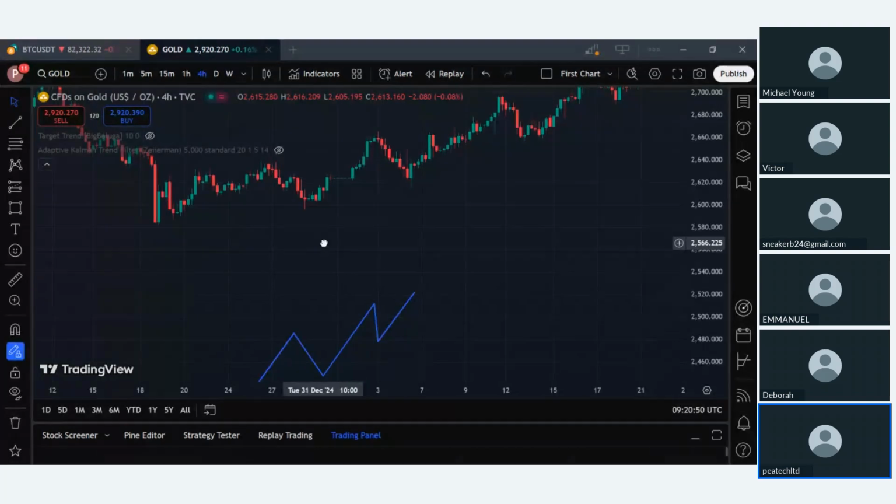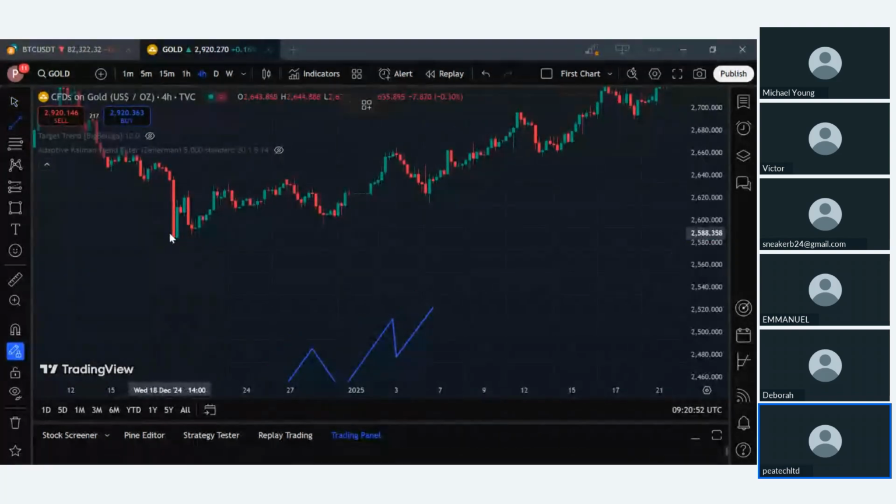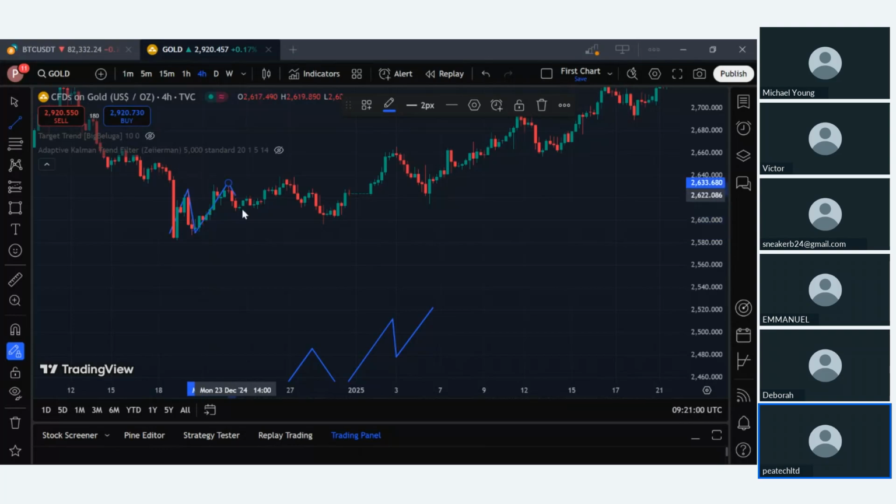So you can see that the market moves in waves. It's not a straight line. The market moves in waves, and it just keeps moving like that and so on.